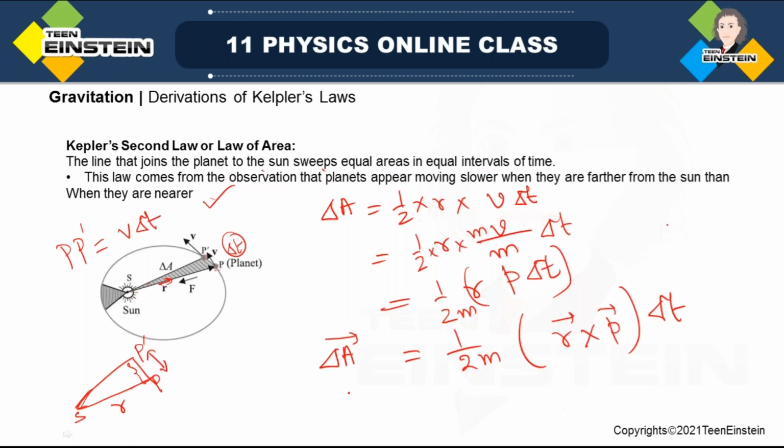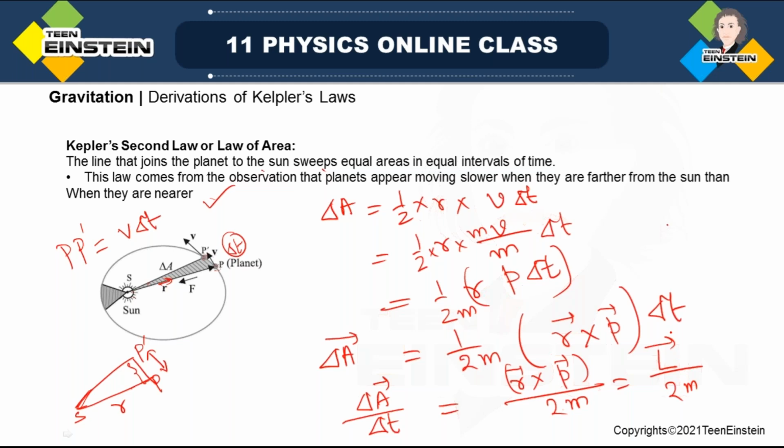Now, if we want to find out the rate of change of this area, then we have to find out delta A by delta t. So what we get? R cross p by 2m. So r cross p means what? R cross p is the moment of linear momentum, which is angular momentum divided by 2m.